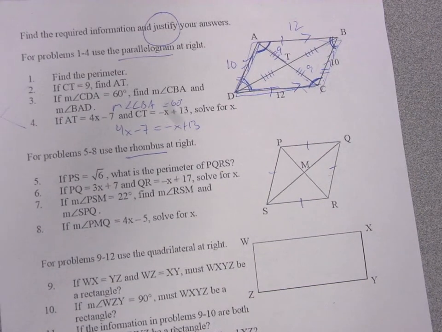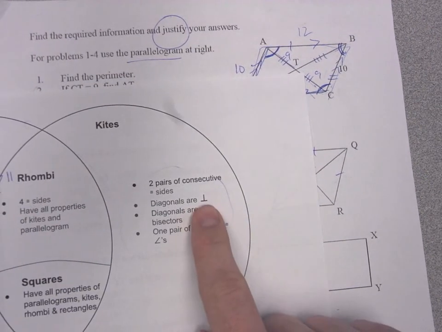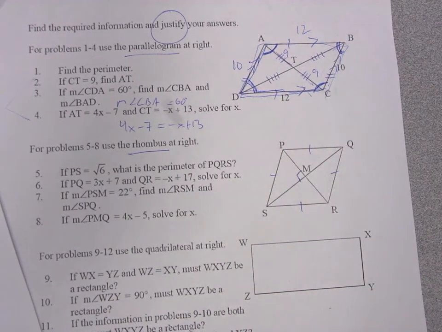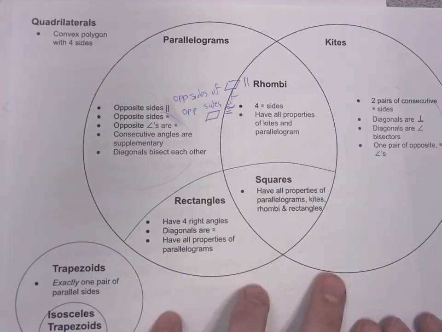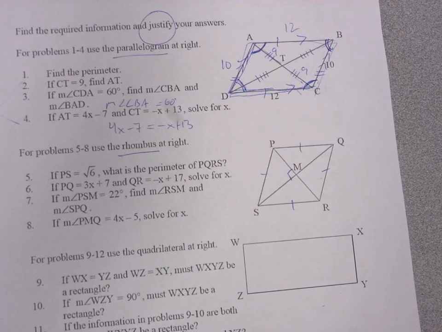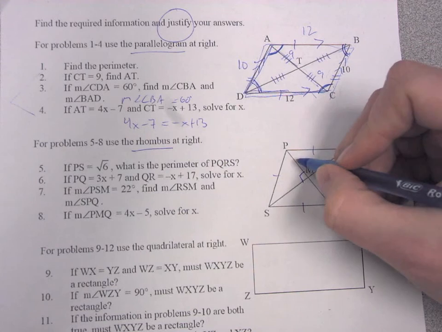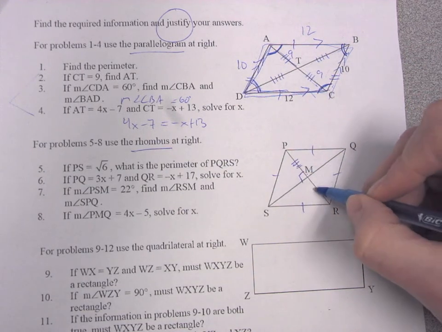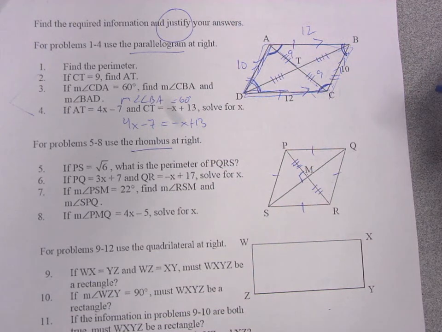In a kite, the diagonals are perpendicular, and a rhombus is a kite, so those guys are perpendicular. In a parallelogram, the diagonals bisect each other, and the rhombus is also a parallelogram. So that means this section, PM, is congruent to this section, MR, right?